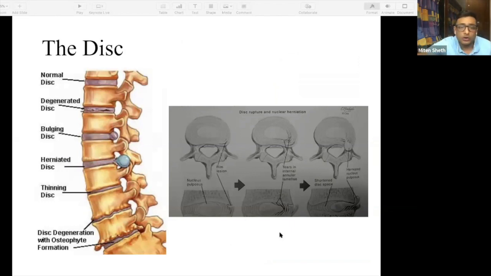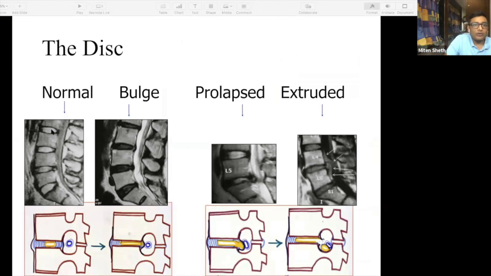Now you should know how a disc is going to look on MRI, how an LCS is going to look on an MRI, how infections are going to look on an MRI. This is how your normal spine is going to be: well aligned, with discs showing white color in a T2 weighted image, which means there is an adequate amount of water.